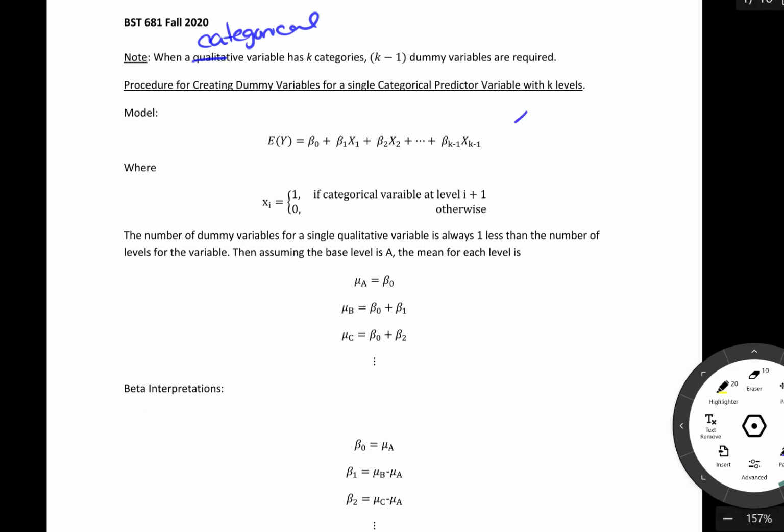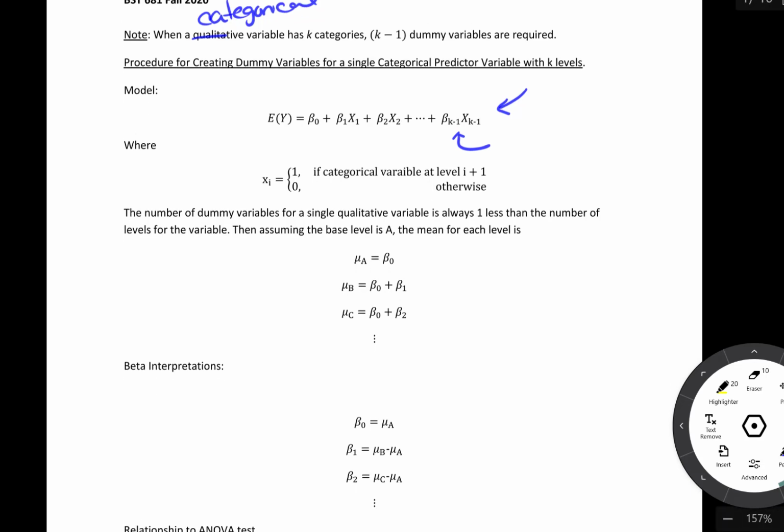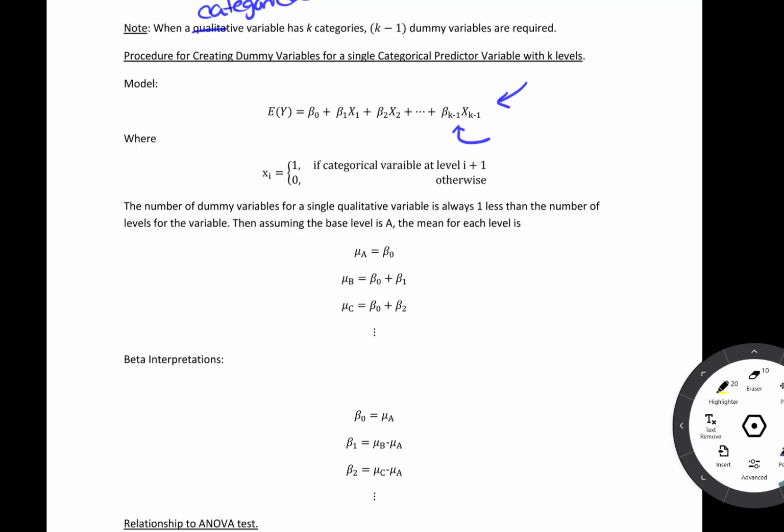So notice here we have our model, and in terms of our x's and our betas, we only go up to k minus 1 because we're going to have k minus 1 dummy variables. And then we're going to have k minus 1 x_i's. So for example, x1 is going to be equal to 1 if the categorical variable is at level 2, and 0 otherwise.